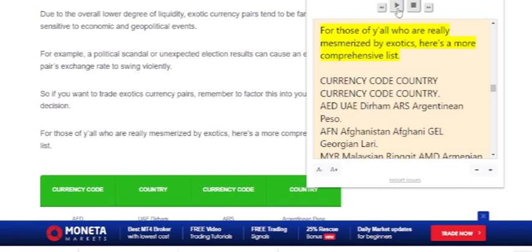I'm not saying you're not going to trade exotic pairs. It is your choice, but very many forex traders just want to trade the major currency pairs, and maybe the minor currency pairs, but not exotic pairs.